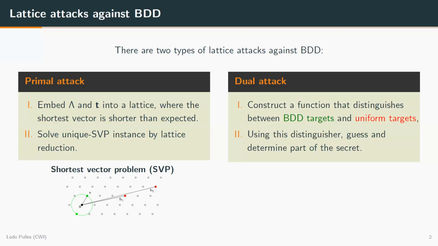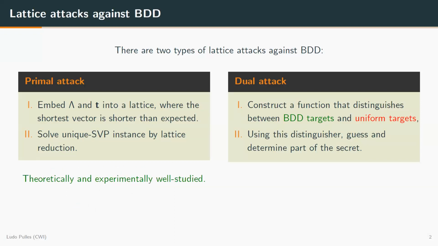Here we first build a function that can distinguish if a target was from this BDD distribution, or it's just a target that is uniform modulo the lattice. And then we make some guesses and we determine which guess was the correct one. That finds a part of the secret. And this primal attack is well studied, well understood, theoretically and experimentally. However, this dual attack has received much less experimental attention so far.